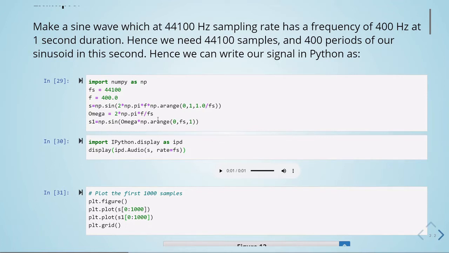So it goes from 0 to 44,100 samples. That means it's 1 second, in steps of 1, so n is equal to 0, 1, 2, 3, and so forth.